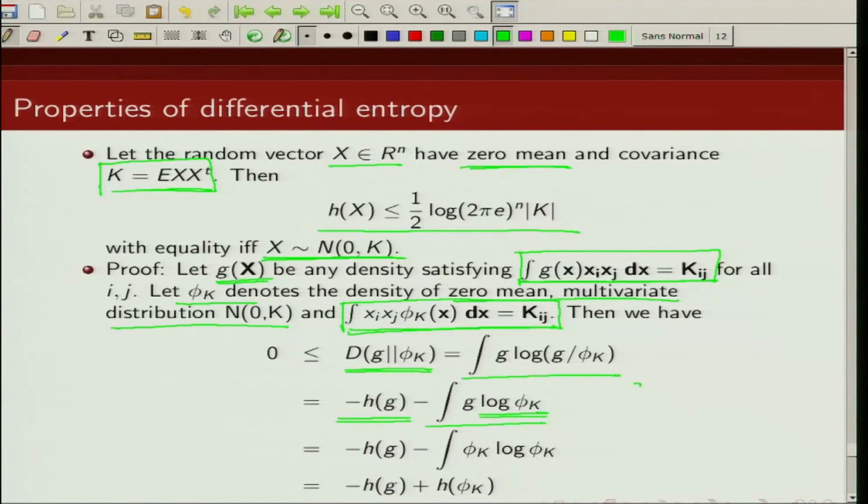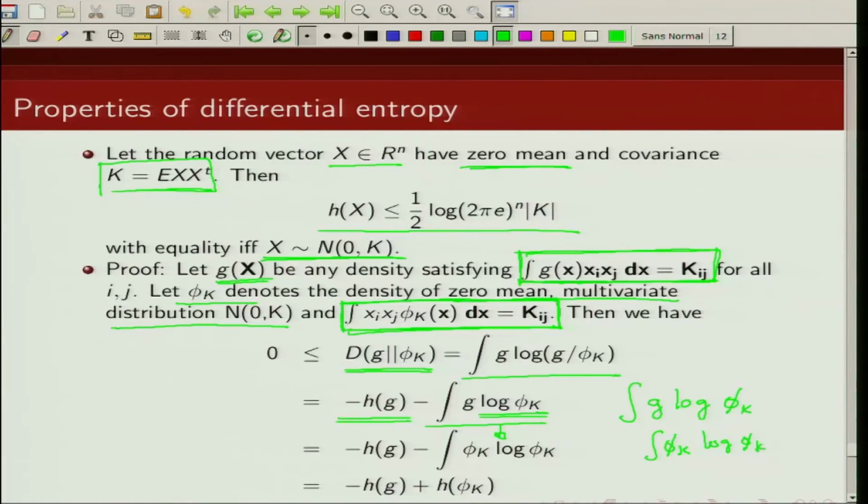So this term, integration of g log phi K, will be the same as integration of phi K log phi K, because log of phi K has a quadratic form, the xi xj form, and we know that integration of g of x xi xj is the same as integration of xi xj phi K. So this is equal to this, and that's why we are able to write it like this.